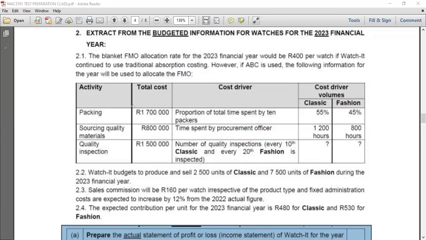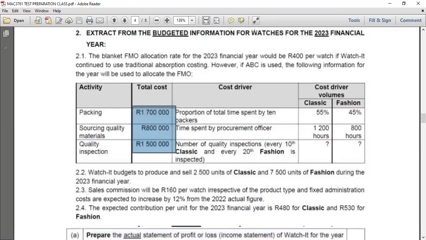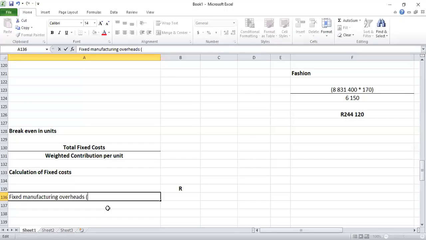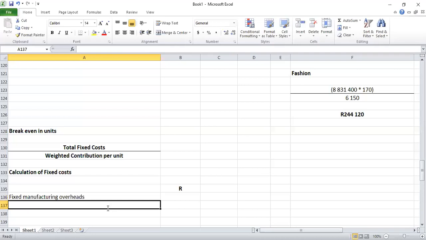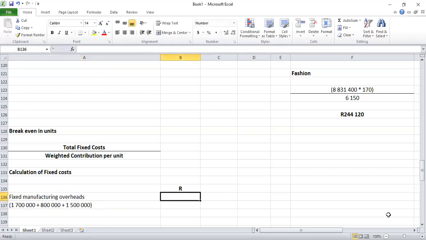The fixed manufacturing overheads were given here: 1.7 plus 800 plus 1.5. What do we get?